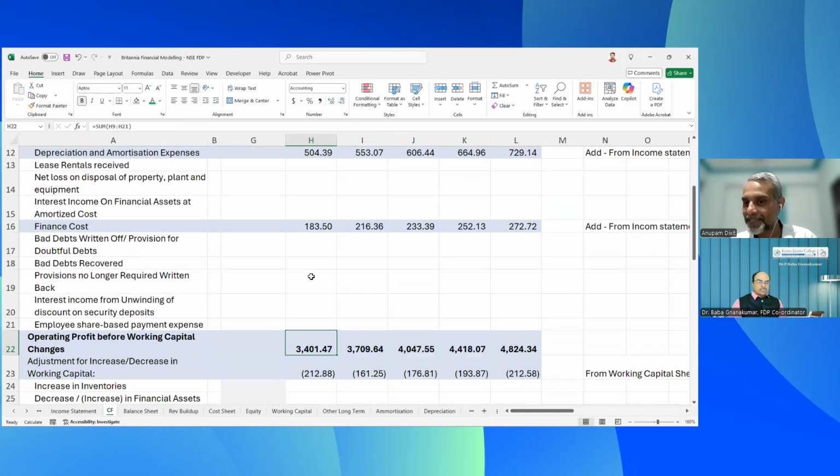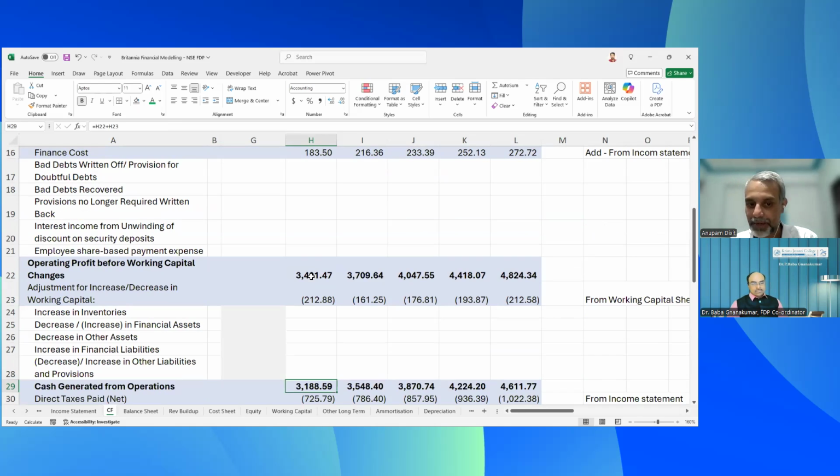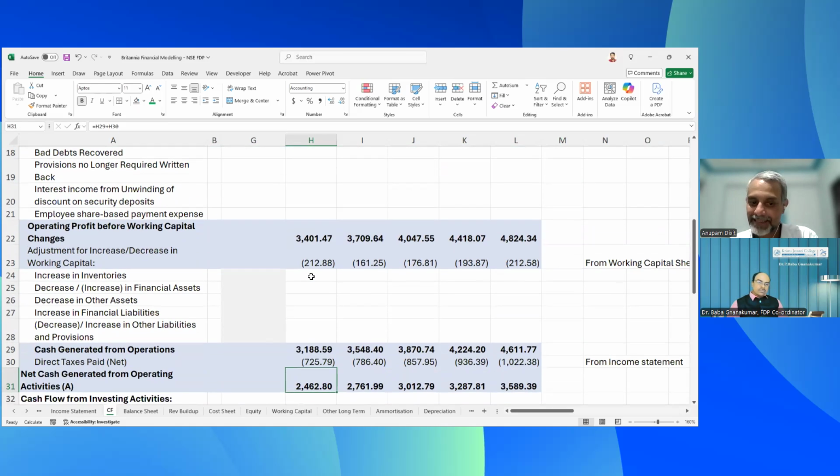We deduct the working capital change, which is linked to the working capital sheet. We are not linking it from receivables, payables and inventory; we have just one line item here, which we bring from the working capital sheet. We arrive at cash flow, deduct the taxes. This is net cash generated from operations.